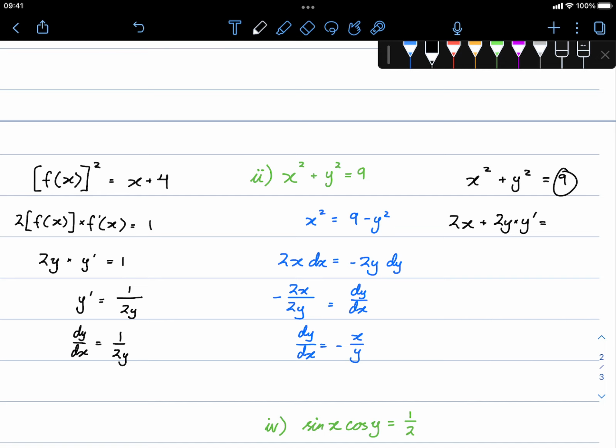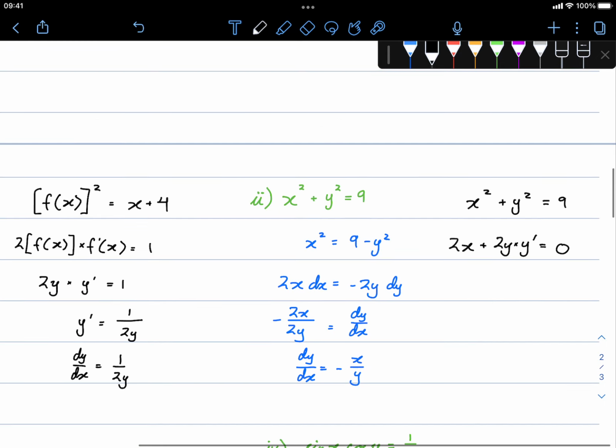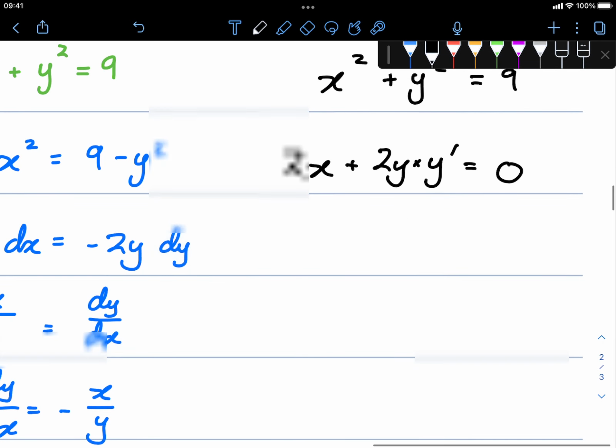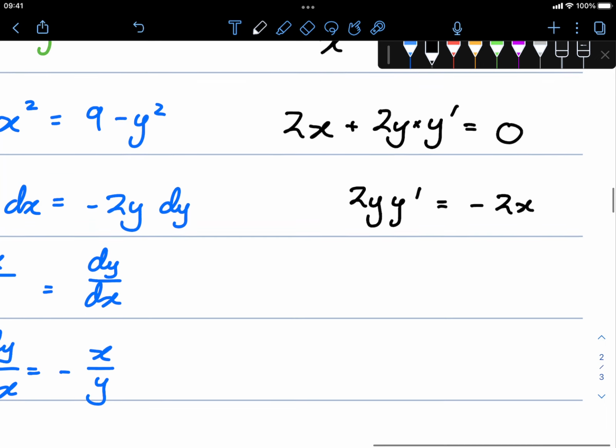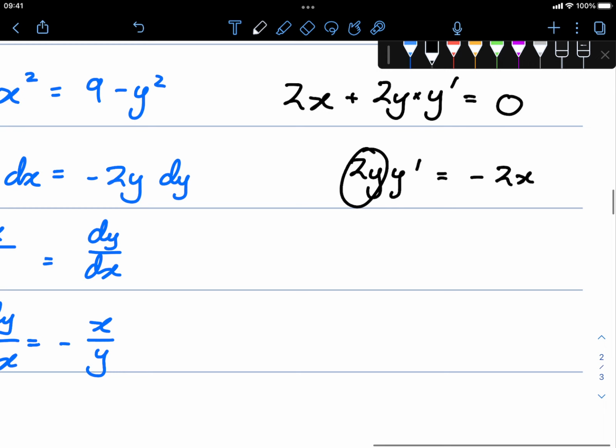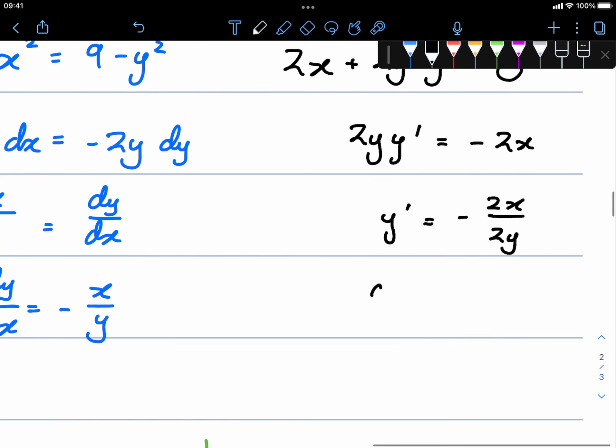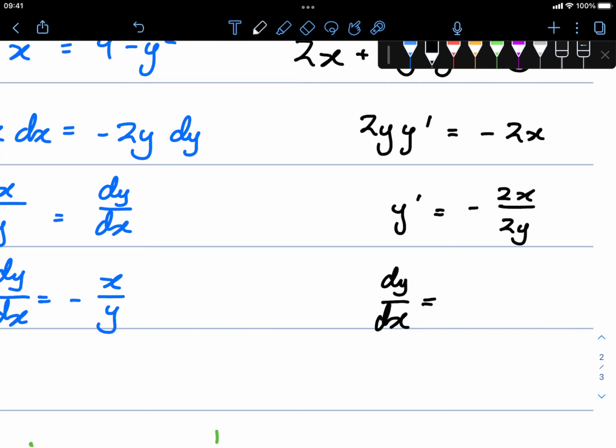The derivative of 9 is 0. Moving things around, I get 2y y prime equals negative 2x. Dividing by 2y, we get y prime equals negative 2x over 2y, which we can substitute now: dy on dx equals negative x on y.